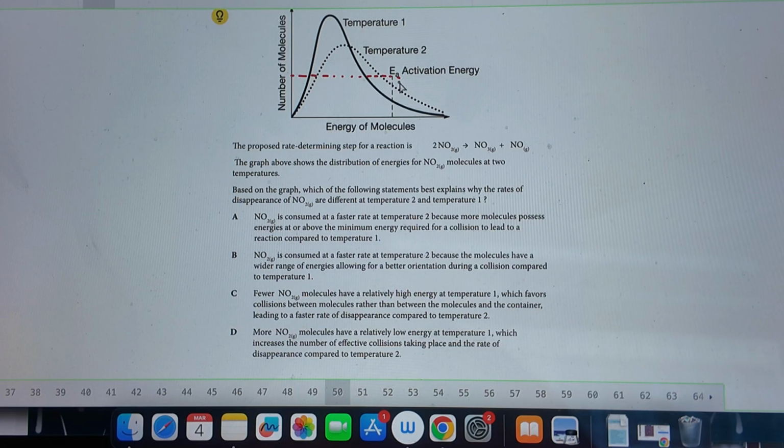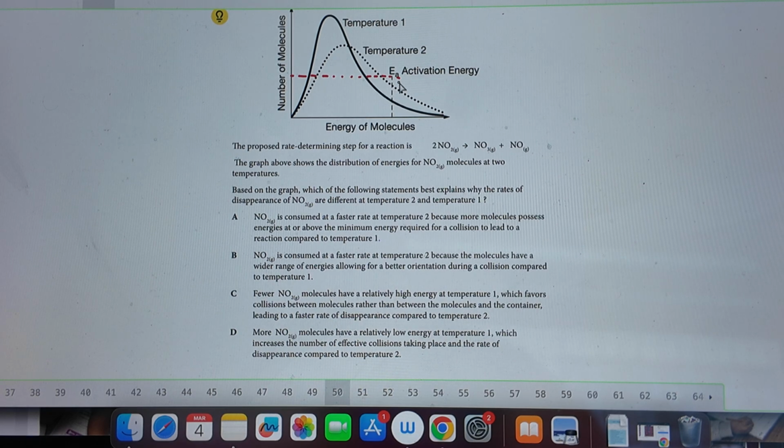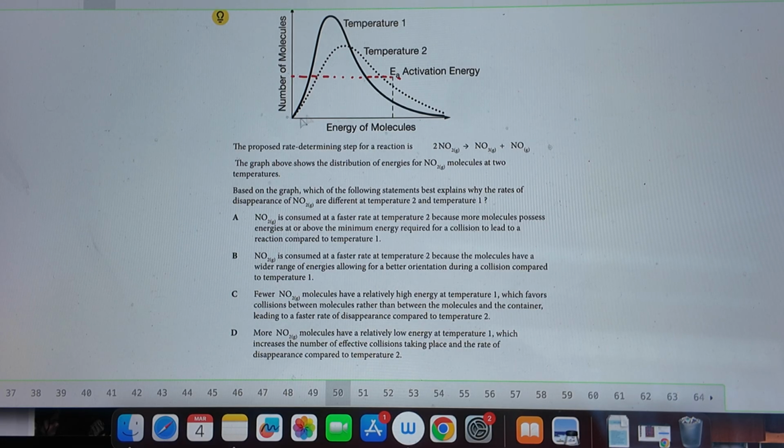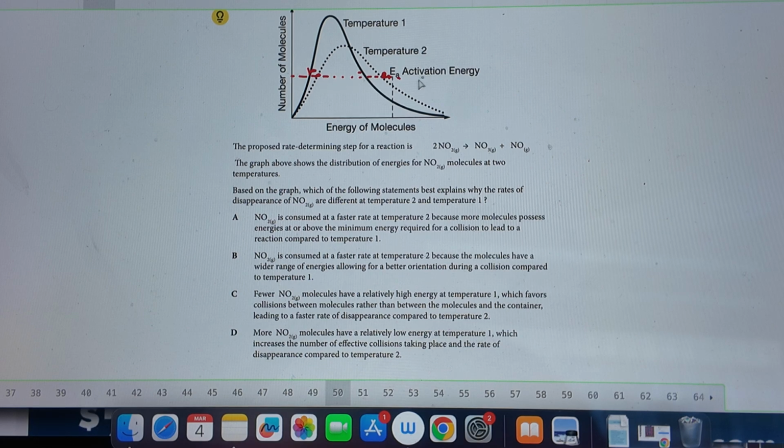So their collisions are more effective and their reaction should happen faster, because there are more molecules available at the activation energy point than at temperature 1. If you look at the width, it's from here to here, whereas this one goes all the way out here. So there are more molecules available at the activation energy, and that's when things can pop off.